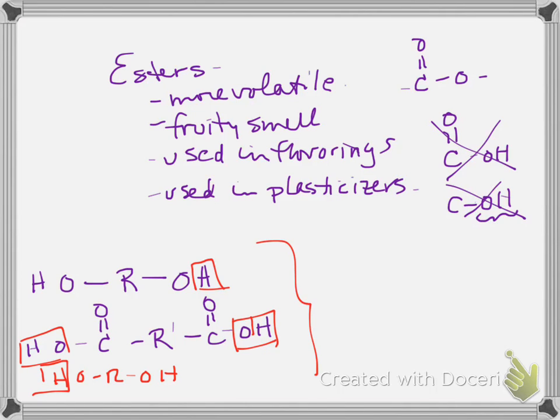So if I have those functional groups on either side of those compounds, I can make a polymer, and this would be a polyester. And again, don't forget that the reaction conditions are concentrated sulfuric acid.